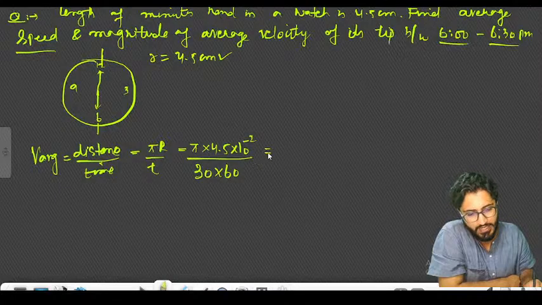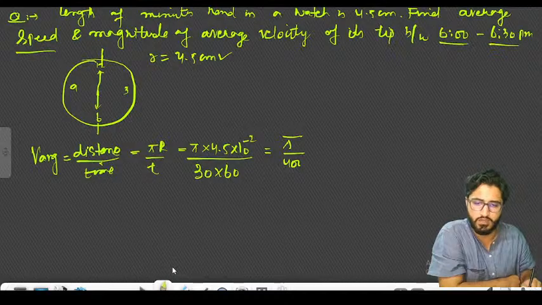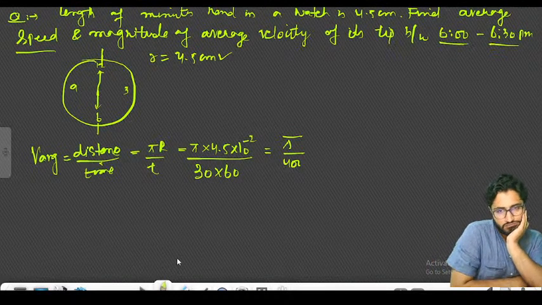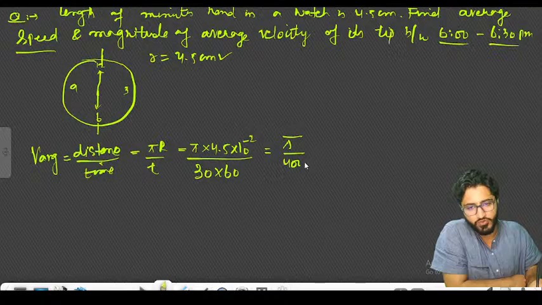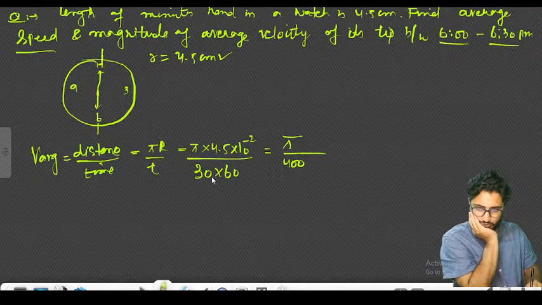Done. So my answer came out to be pi divided by 1800. Not 400. Okay.